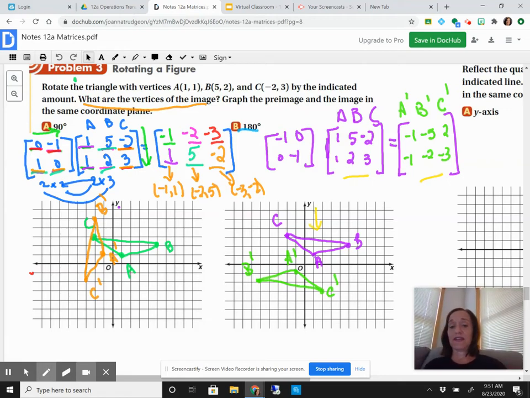Patty paper is like tracing paper; it's actually used for hamburger patties. It's what divides hamburger patties in butcher shops, and we also use it in math classes. So you would draw that on your patty paper on top of the one that was already on the paper, and then you would stick your finger or a pencil right on the origin, and rotate the tracing paper 180 degrees.